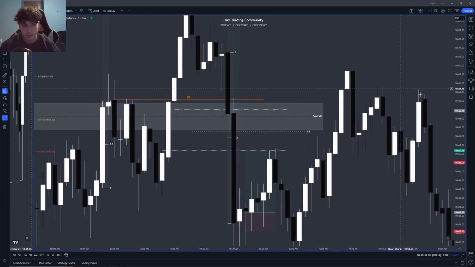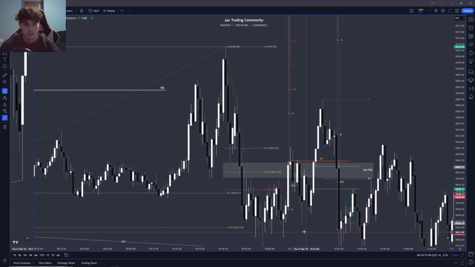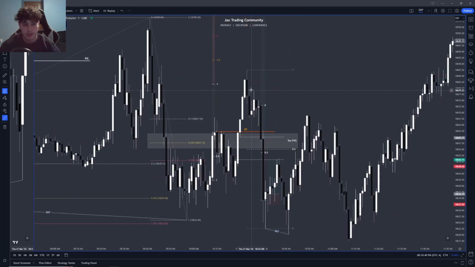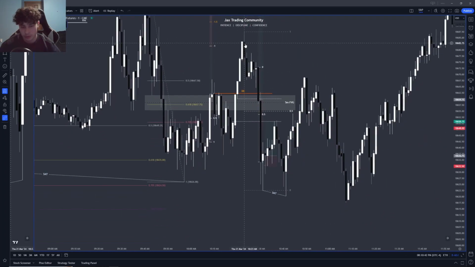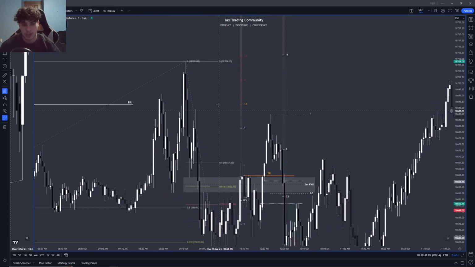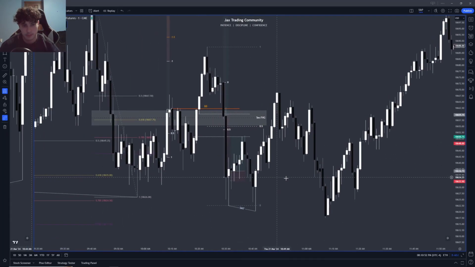The reason I wanted to target 50% of this range was because we had this displacement up, and I was figuring, okay, if we are going to be bearish and we have just tapped this -2.5, we're going to want to rebalance to this 50%.